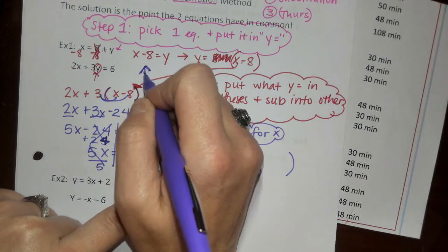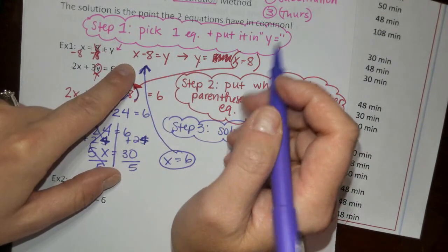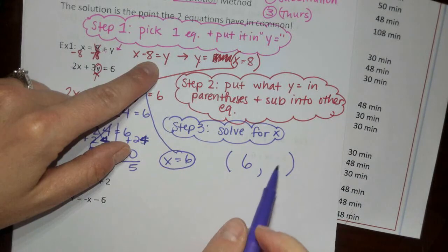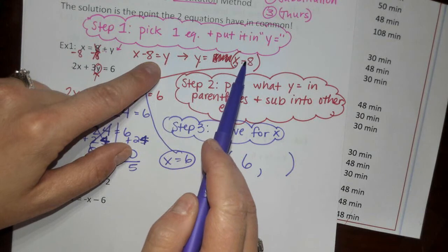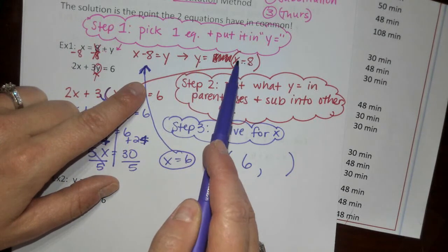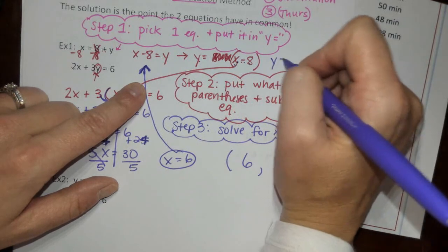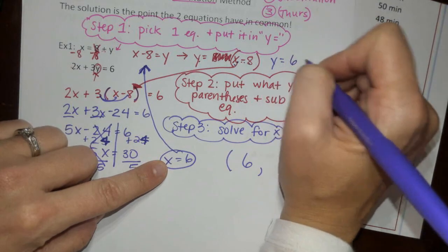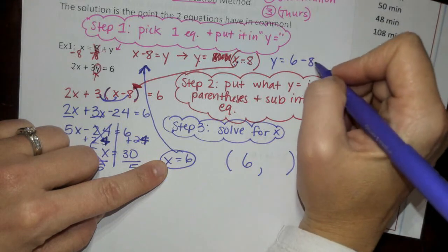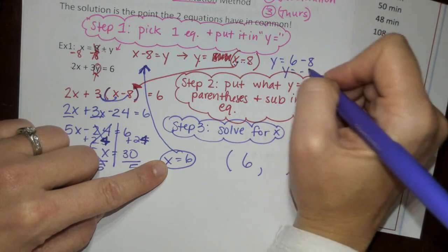I know it looks confusing right now, but once you get the hang of this, it's like, if we know this piece, how can we get y? Well, up here we know that y was x minus 8. If we know what x is now, we can figure out what y is. So y equals x, which is 6, minus 8.